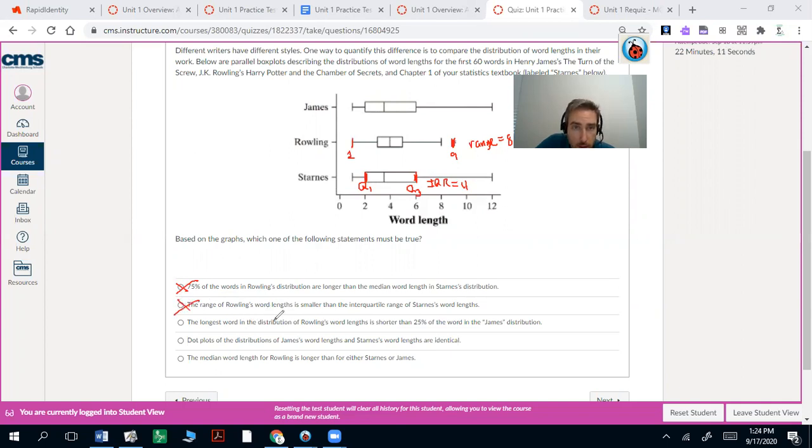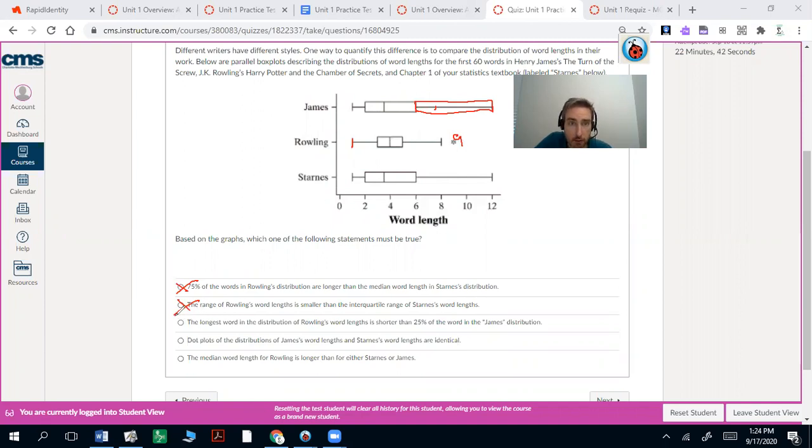The longest word in the distribution of Rowling's word length is shorter than 25% of the words in James's distribution. The longest word for Rowling is going to be what appears to be 9. 25% of the words in James would be this whisker here, which there are some words that are shorter in here than there are for Rowling's longest word.